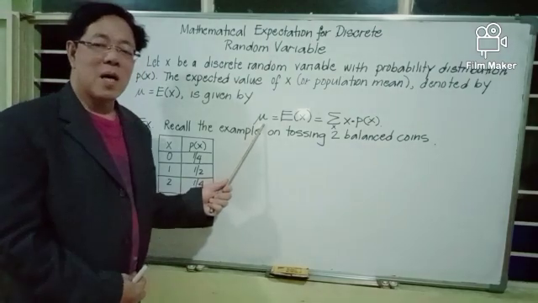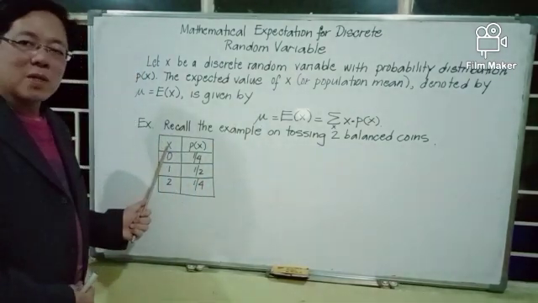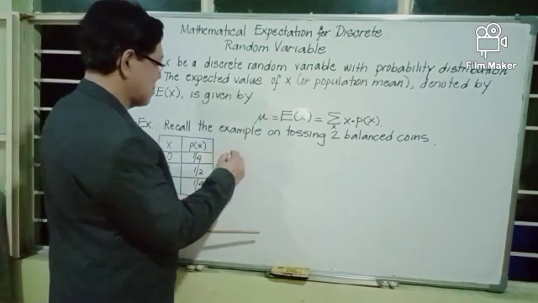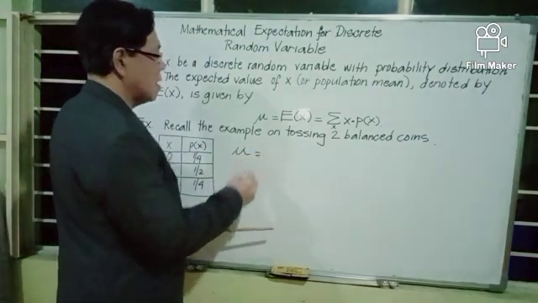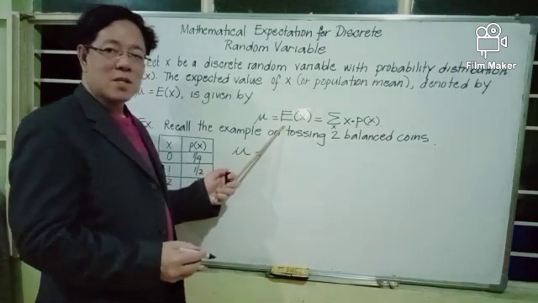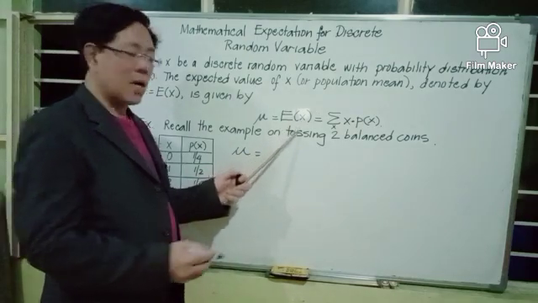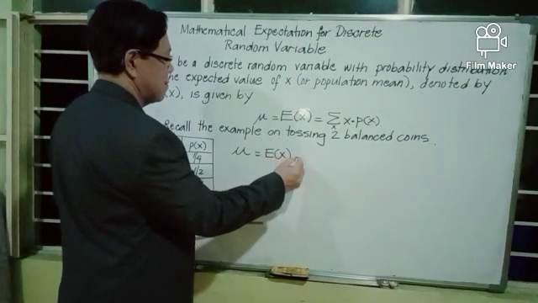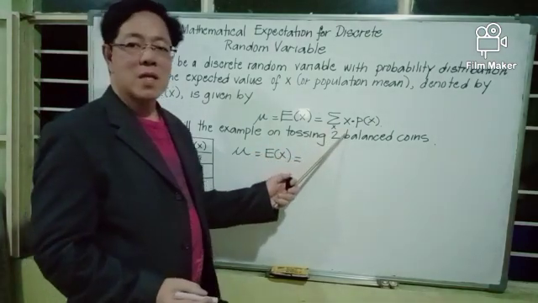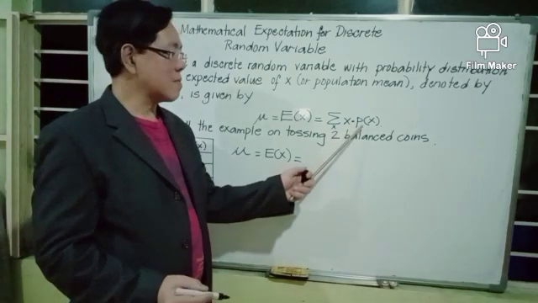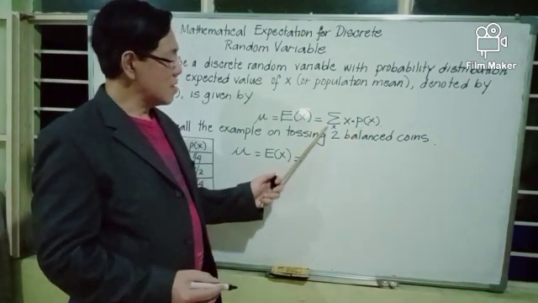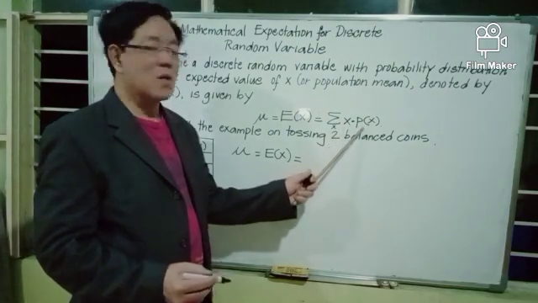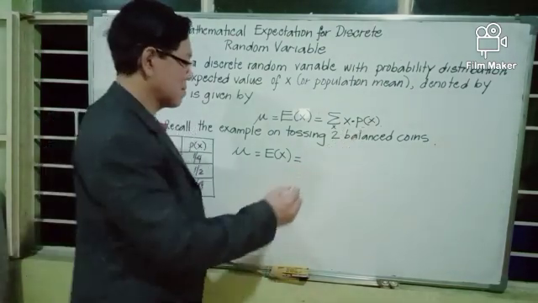The expected value for discrete random variable x, denoted by the Greek letter mu, or by this notation, E(x), is equal to the summation of the products of the values of x and their corresponding probabilities.